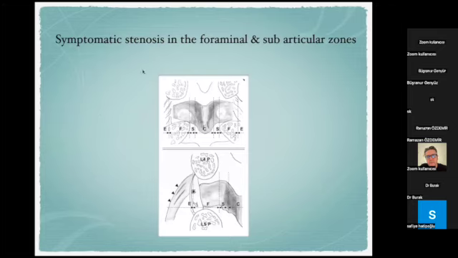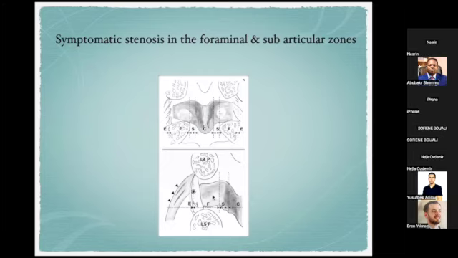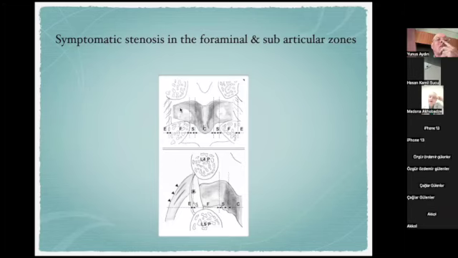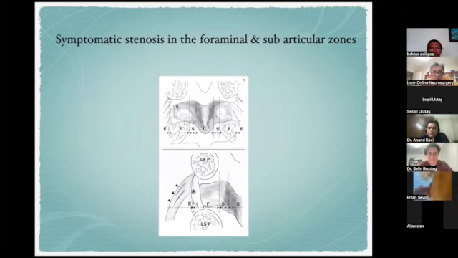So symptomatic stenosis in foraminal and subarticular zones is the main culprit, and this is caused by this F denoted in this diagram. This is the lateral extension of the flavum, which compromises this space.